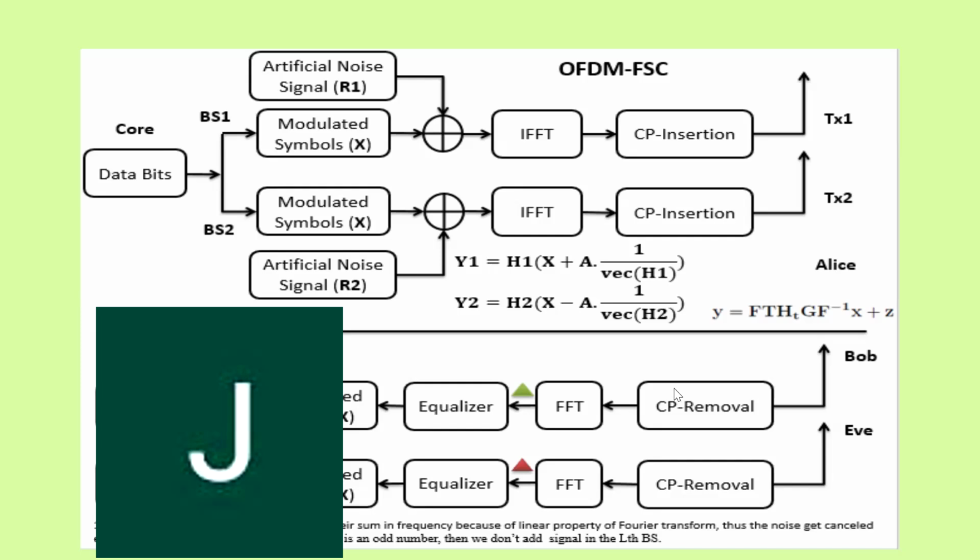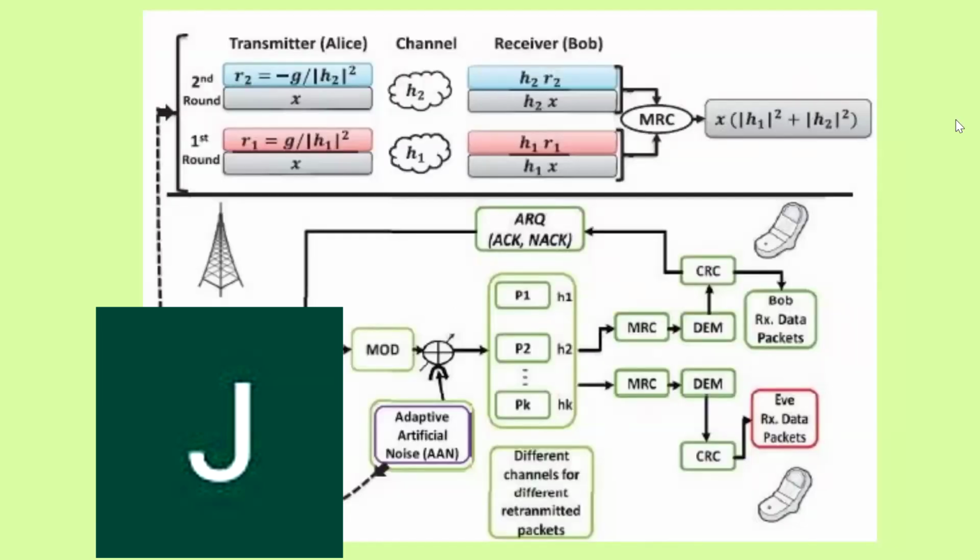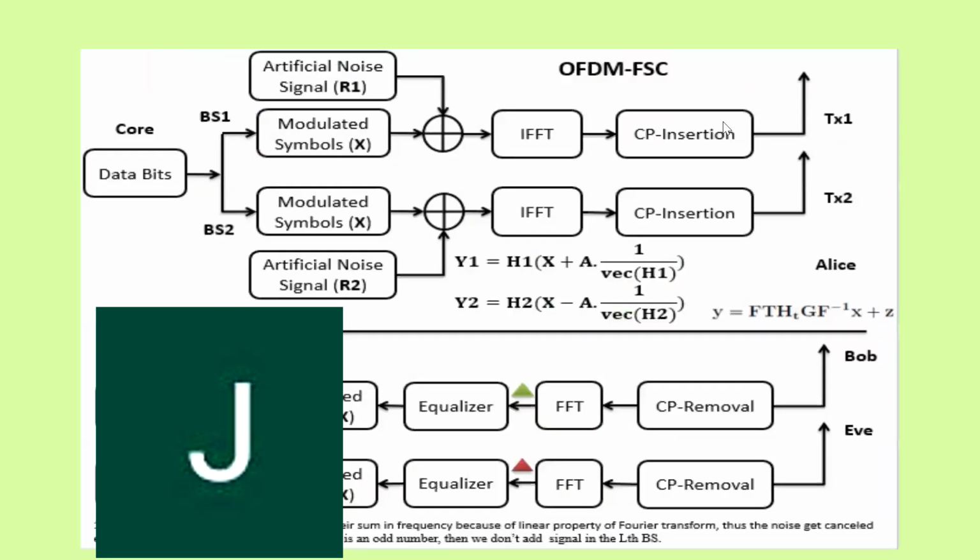After you pass them through these blocks, at this point exactly, this term and this term will cancel each other, and you will be left with just H1 plus H2 multiplied by X. In this figure it is like this, but this is in time domain, here in frequency domain.